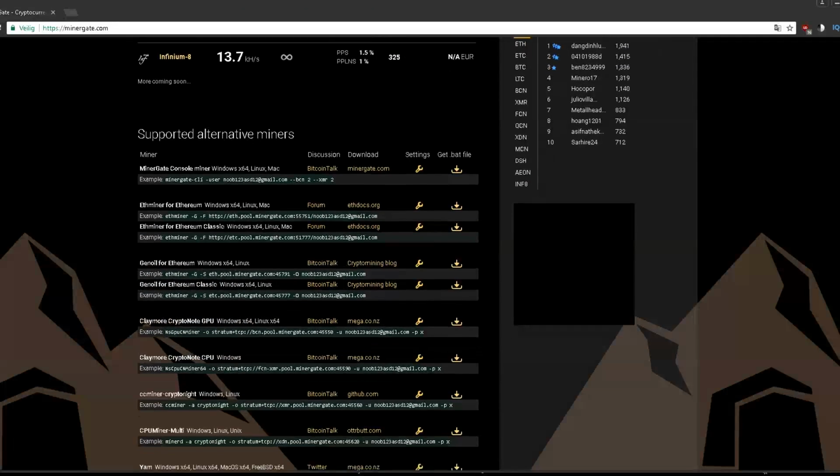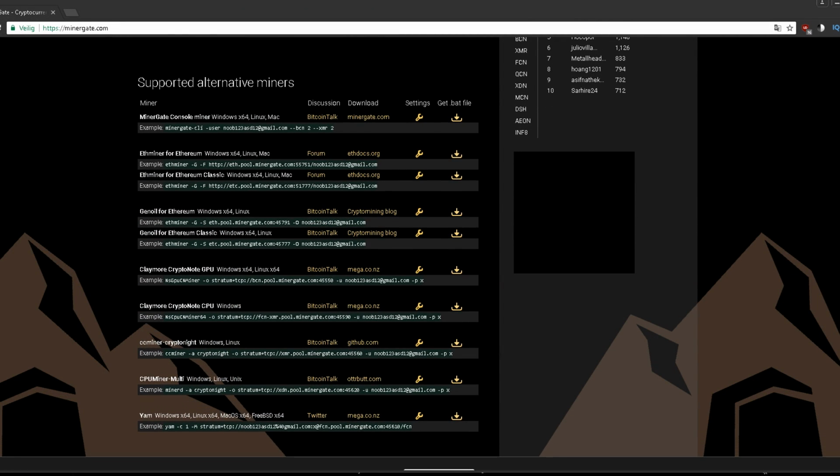Alright, if we scroll down, there's some handy information here about supported alternative miners, such as console miners, CPU console miners, etc. Here you can see the launch configuration, and you can download the bat files right here to start your console miners, and also check out some handy links.